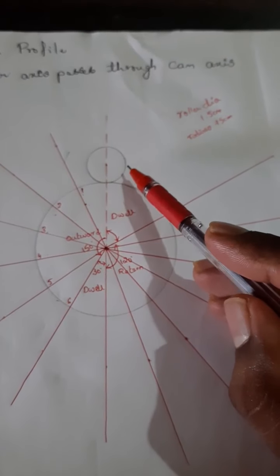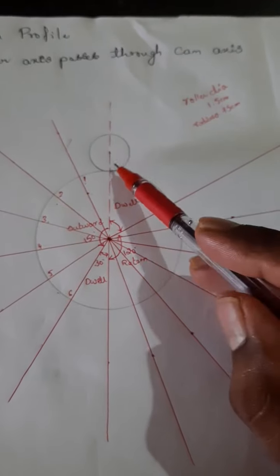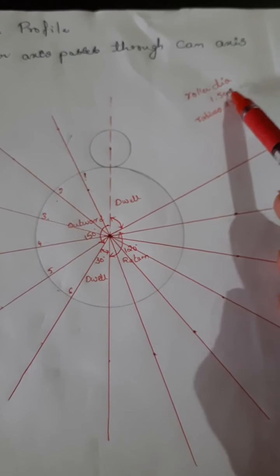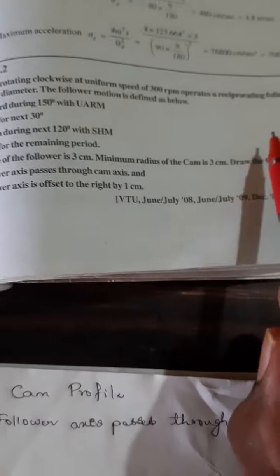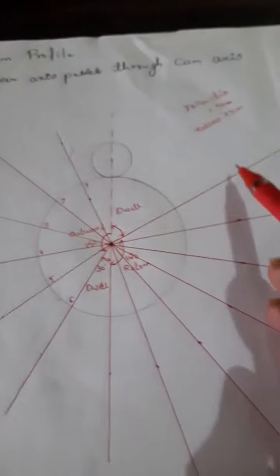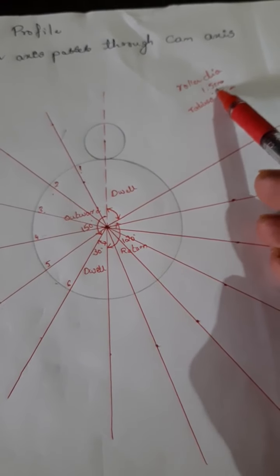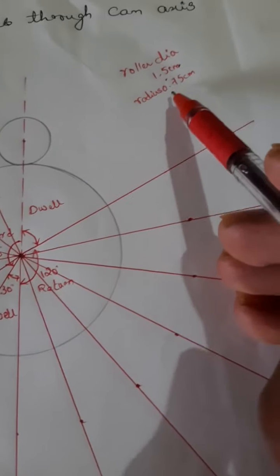Next, draw a roller. Since it is a roller follower, draw a roller of diameter 1.5 centimeters, that is, a radius of 0.75.